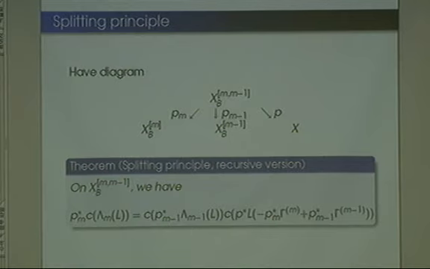Anyway, if you go back to this flag Hilbert scheme, you can factor the Chern class of this tautological bundle into the analogous thing of degree m-1 times some relatively simple object which involves the gammas.